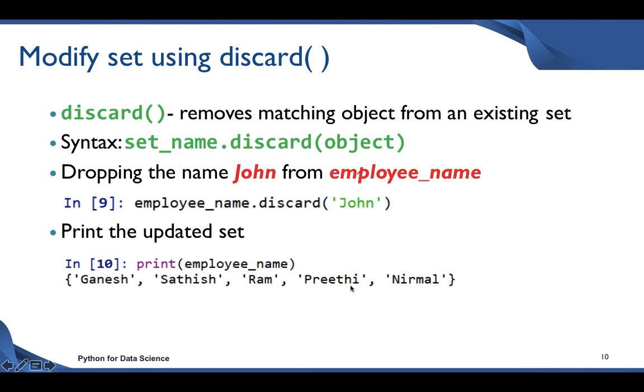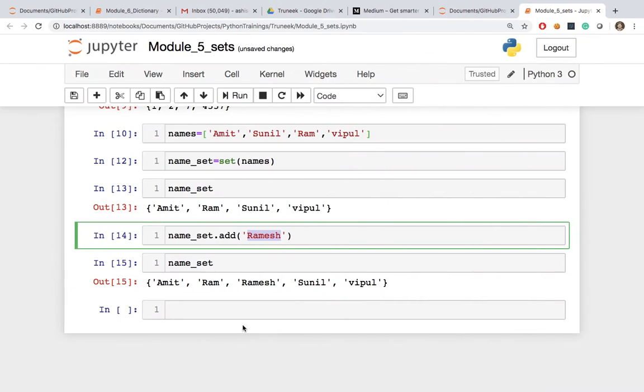Then we could also modify a set using the discard operation. What does discard do? It removes the matching object from the existing set. For example, we wanted to drop the name John from employee name, so we could do it by using the discard method, right?